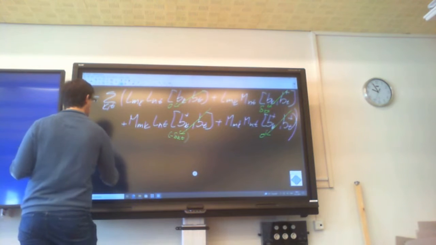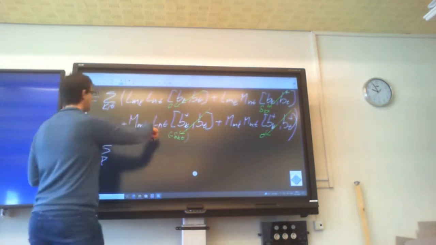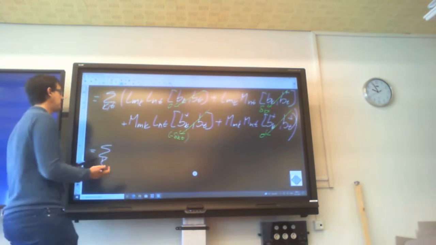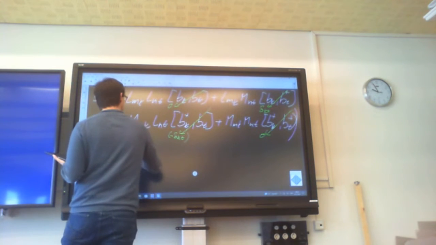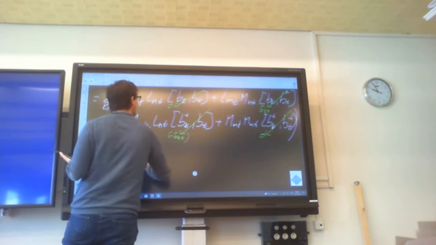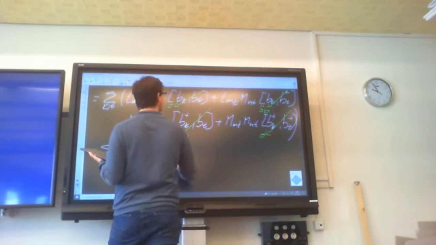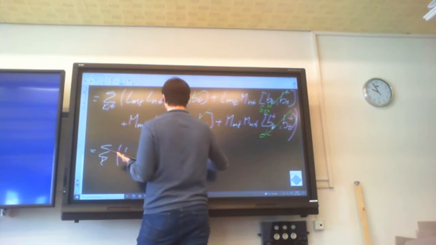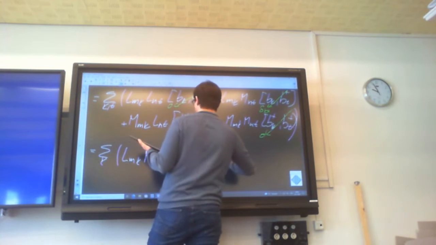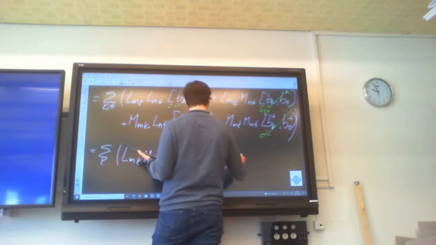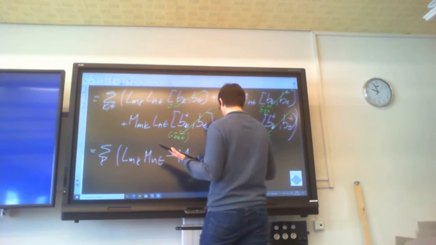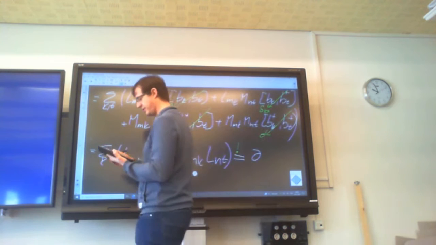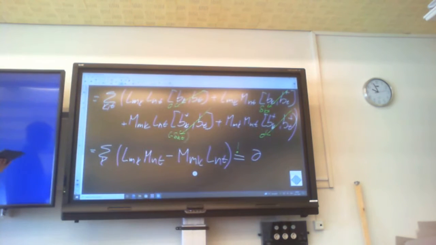So using all this, we can just write the remaining sum, and we have the sum over k of L_{mk} M_{nk} minus M_{mk} L_{nk}, which we need to set equal to zero. And this is another condition these two matrices need to fulfill.